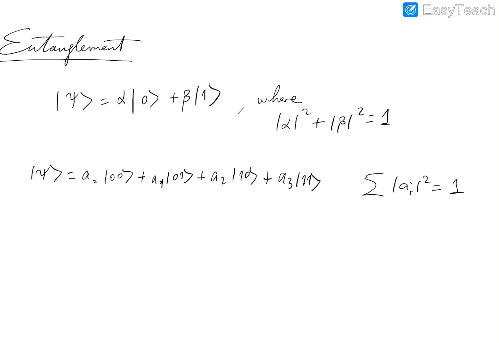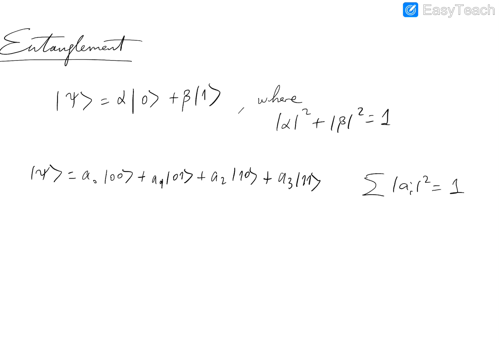Okay, when we attempt to measure only a part of the system, not all qubits, but only a small part of the system. So in this case, let's measure the first qubit. Now what is the result of measuring just the first qubit? What are the chances of obtaining 0 and what are the chances of obtaining 1?